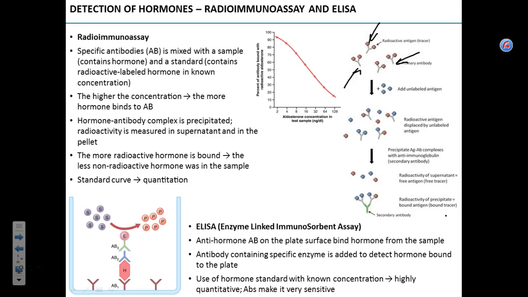But you know for sure that the hormone in somebody's blood is not radioactive. Do you follow? So what you do, you mix the known amount of the radioactive hormone with the antibodies, also a known amount, and your sample, which is not radioactive. So what's going to happen? Your non-radioactive hormone will compete with the radioactive one. Does that make sense? You see what I'm trying to say?